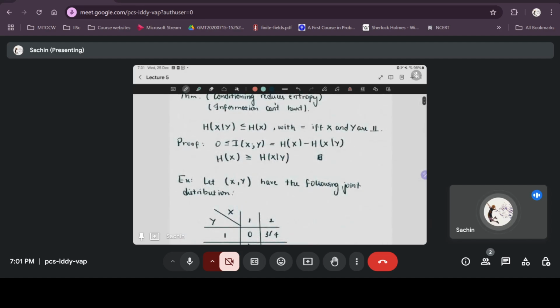So here also the equality if x and y are independent comes from the equality of mutual information to 0 if and only if x and y are independent. So the same condition will hold for h of x equal to h of x given y.